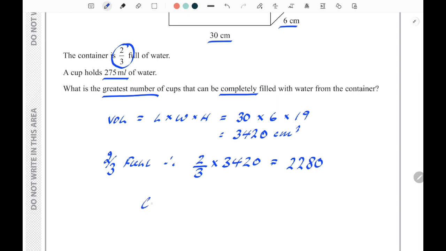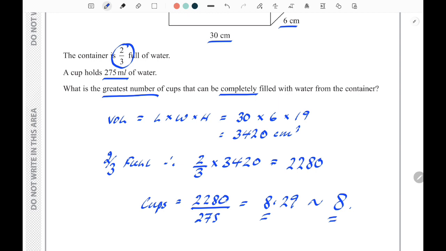Now we want to see how many cups we can fill with that. So the number of cups equals 2280 over 275, and that is going to equal 8.29. So the whole number of cups is 8.